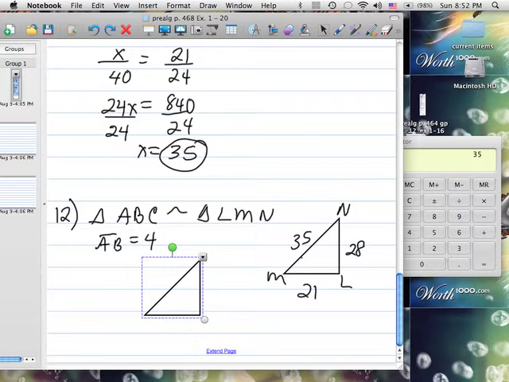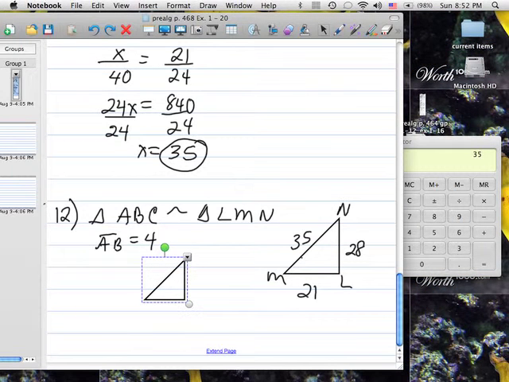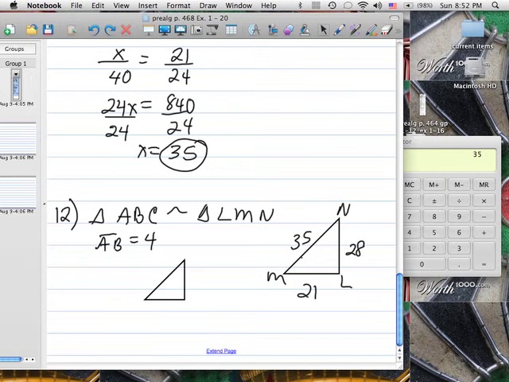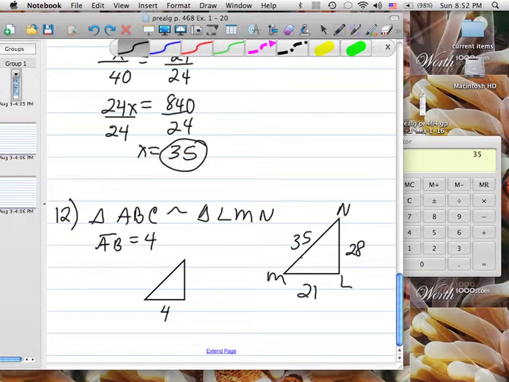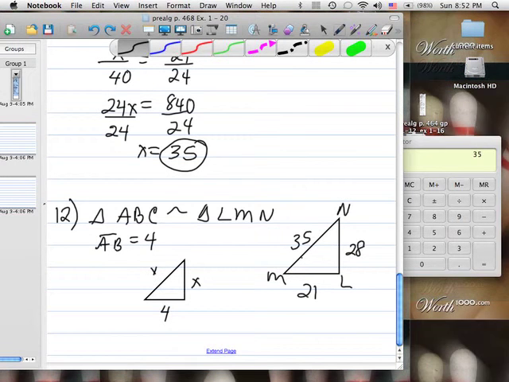And AB, which is in the same place as LM, is 4. So we could find the two missing sides.